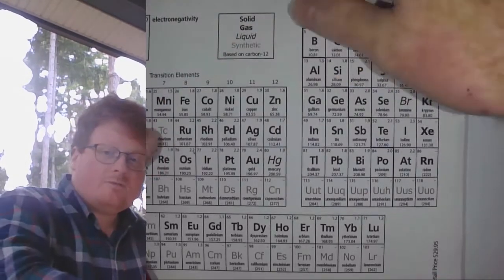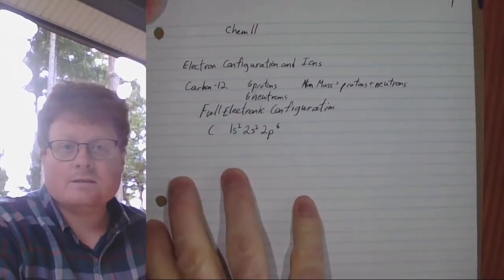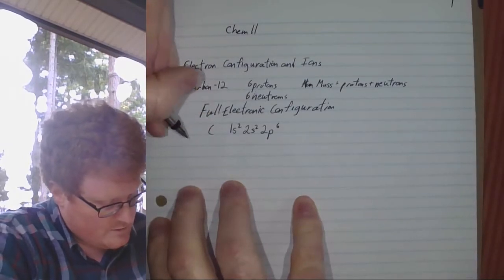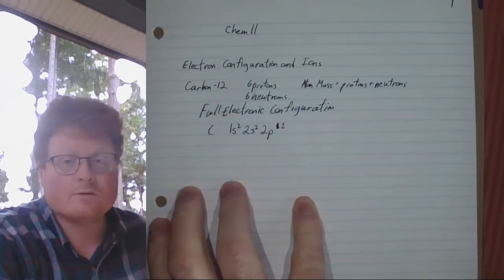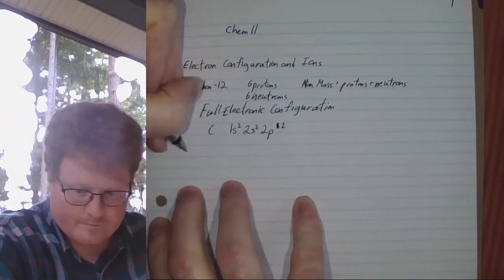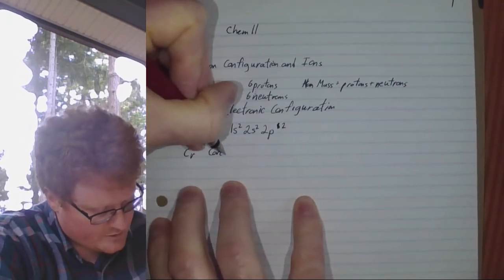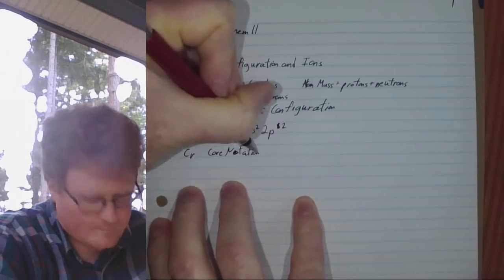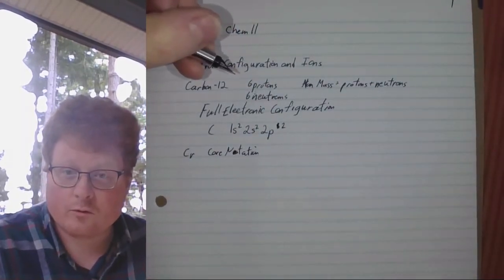All right, let's talk quickly about these exceptions of copper and chromium when filling electron configurations. Oops, that was 2p2 back there, my apologies. So chromium, let's write the core notation. Chromium is row 4.